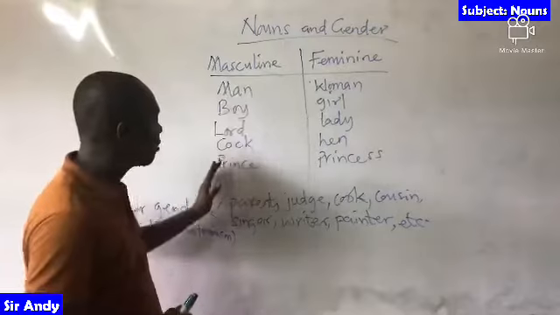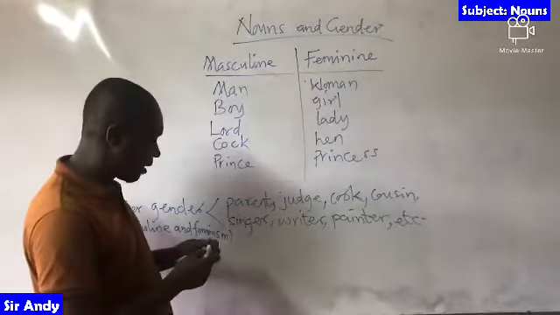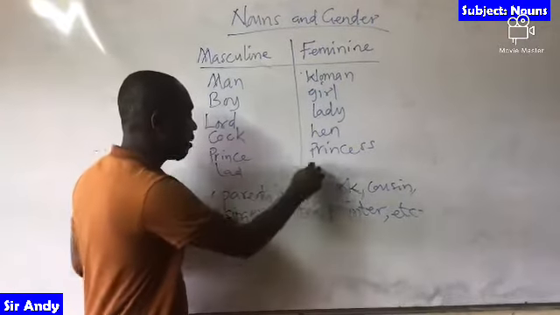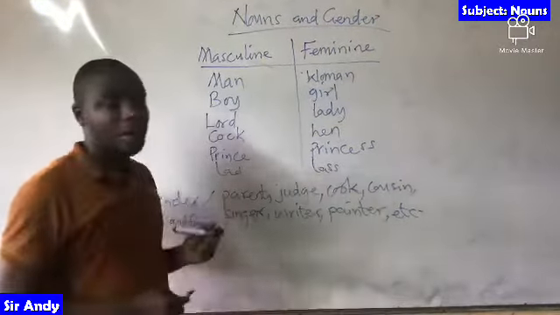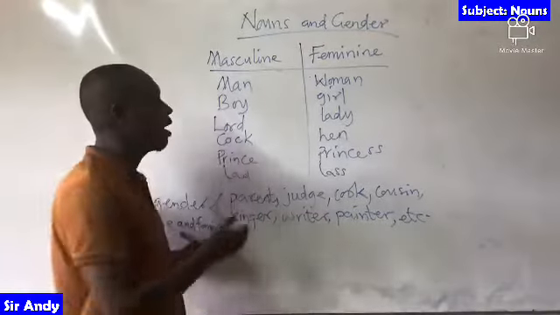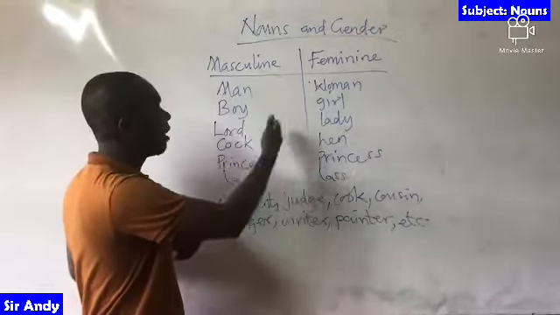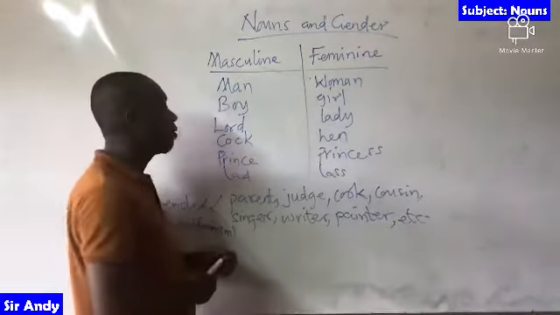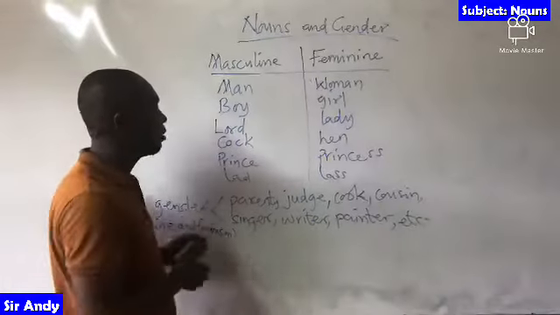So these are masculines. And let me add this. We can have a word like lad. The feminine is lass, right? We have so many words which have their feminine forms in a different way, apart from their masculine forms.